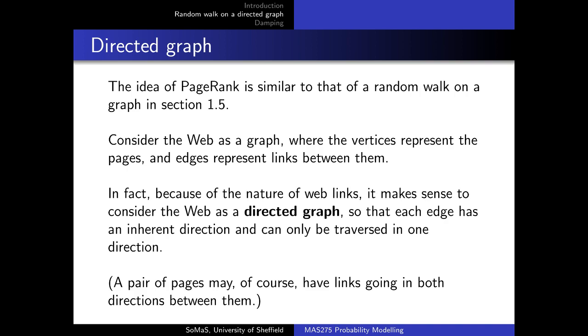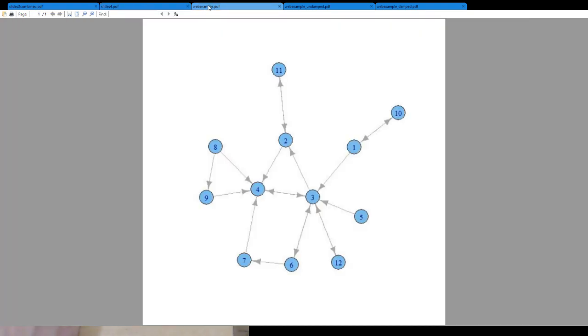The first thing to notice is that these things are directed. When there's a hyperlink which brings you from page A to page B, there might not be a hyperlink going from page B to page A. And so we end up with something like that, maybe.